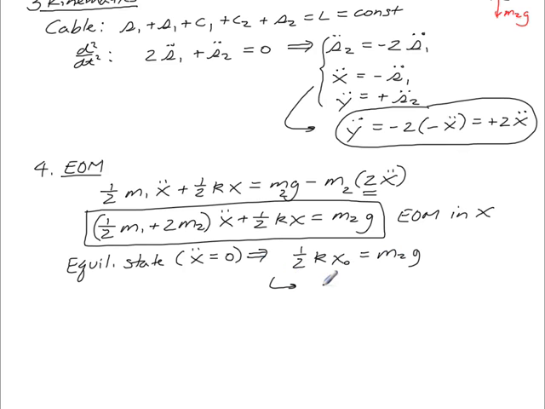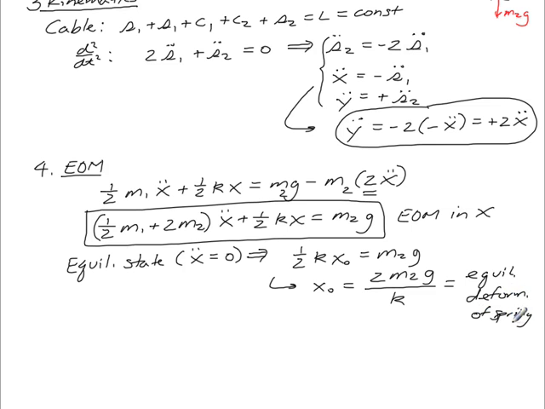So therefore our equilibrium state is equal to 2 m2g divided by the stiffness of that spring connected to block m1. This is the equilibrium deformation of the spring.